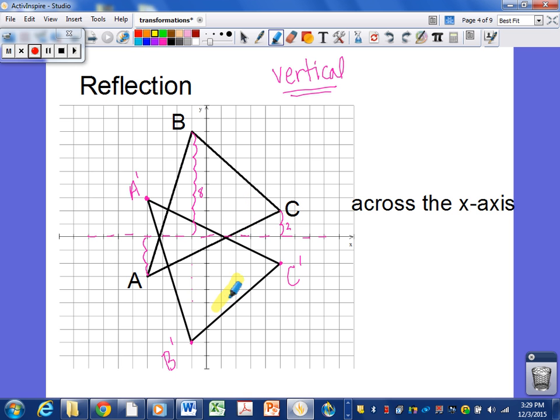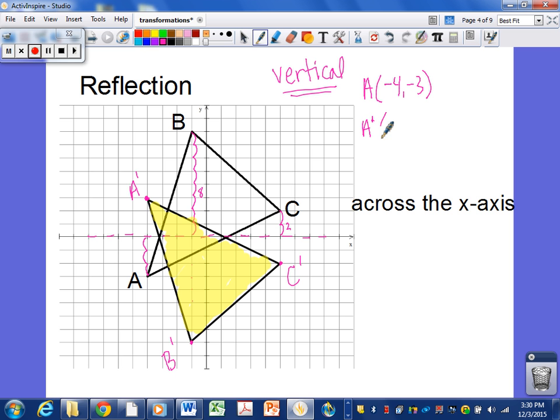Let's color in our image. Here we go. So let's verify just for fun. Here we started with an A value of -4, -3.